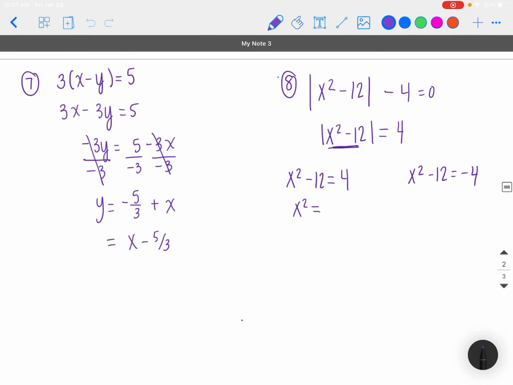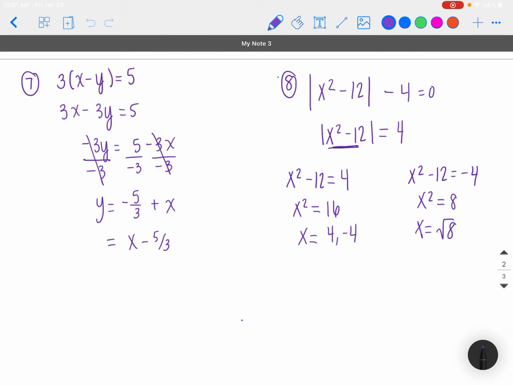So x squared over here equals 16. So x is 4 or -4. And then over here, if I add 12, we get x squared equals 8. And now we need to take the square root. None of those say square root of 8.